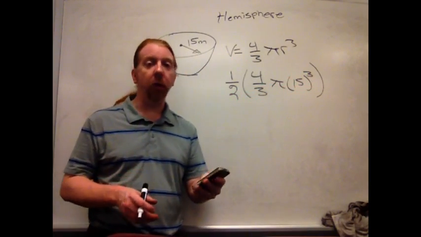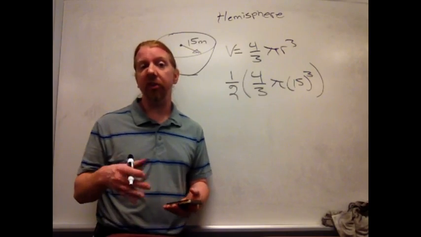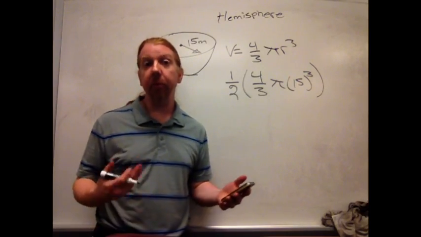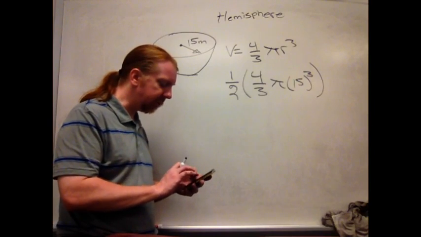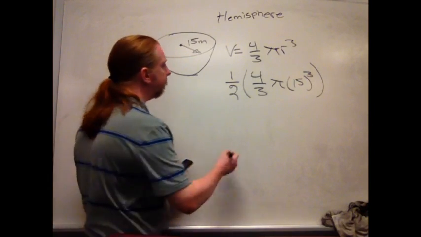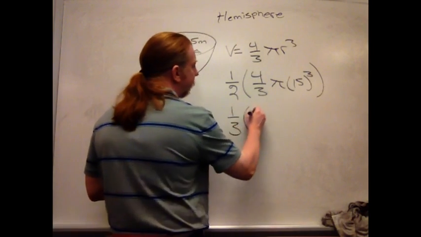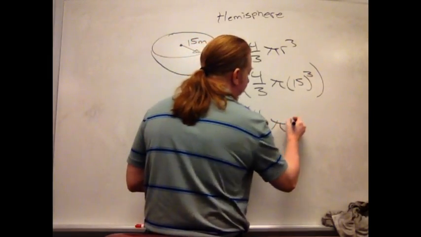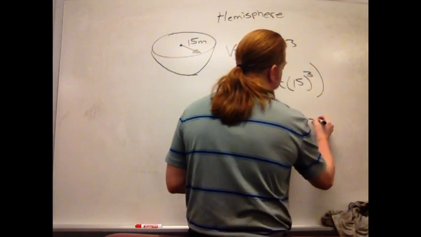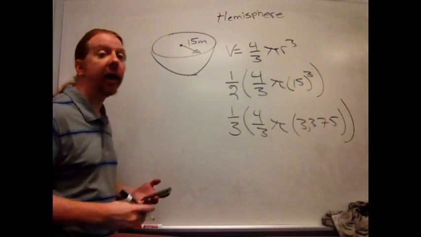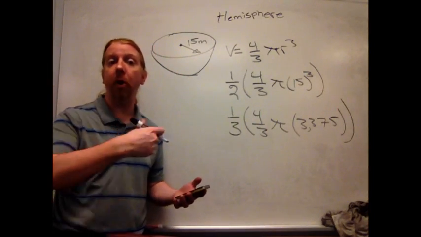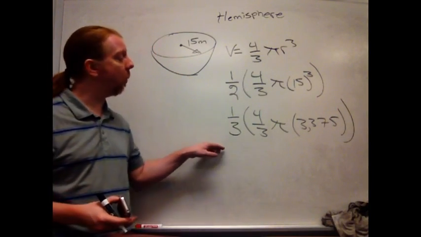As a general rule, it's best to deal with that 15 to the 3rd first and then proceed with your multiplication. So 15 times 15 times 15, so 1/2, 4/3 pi, 3375.